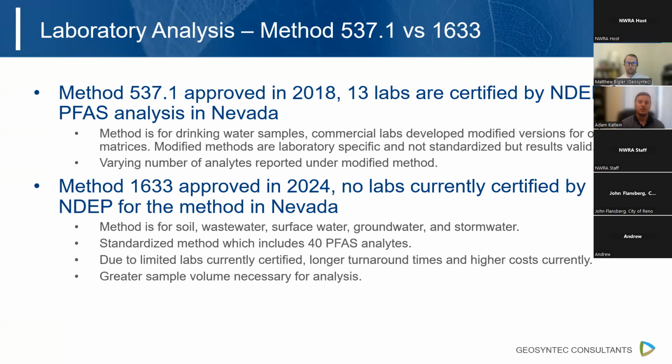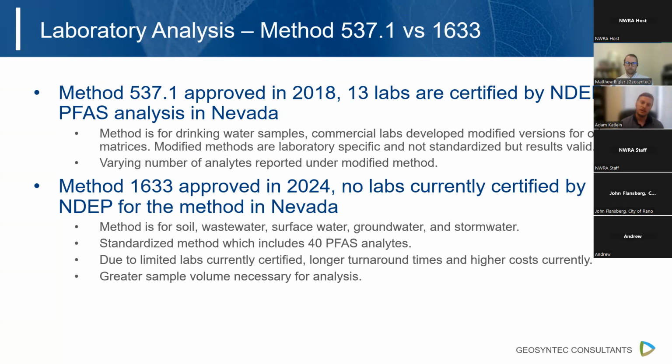Technically, the method is only for drinking water samples, but commercial labs have developed modified versions for other matrices. The modified methods are laboratory specific and not standardized, but the results are valid. And because they are modified, you'll have a varying number of analytes reported under that modified method.